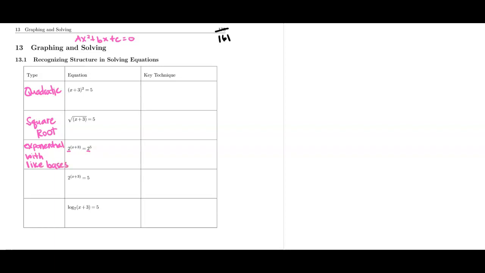And then the next one is also exponential, but now they don't have like bases, so exponential with unlike bases. And then the last one is going to be a log, a logarithm.